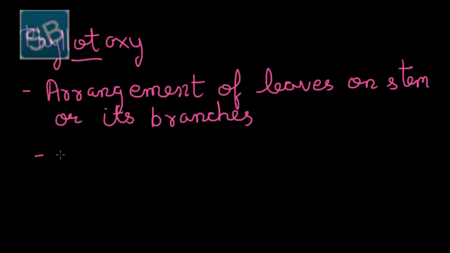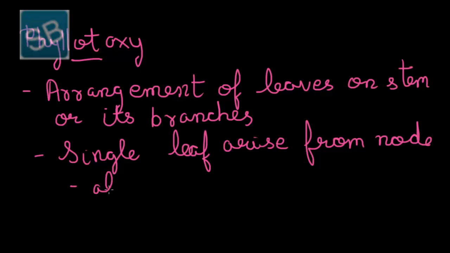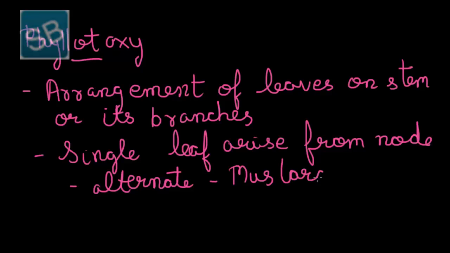If a single leaf arises from a node, then such a type of phyllotaxy is known as alternate. Examples: mustard, sunflower, and hibiscus.